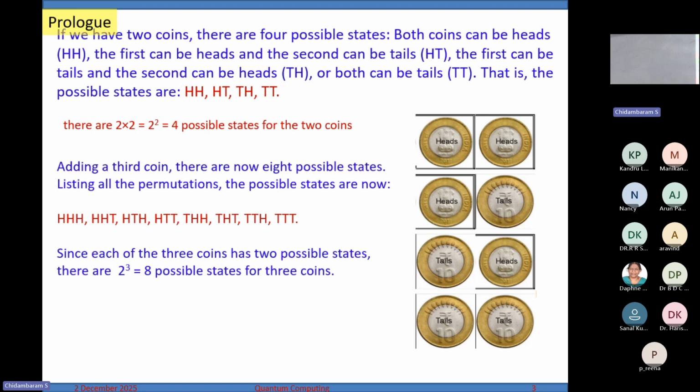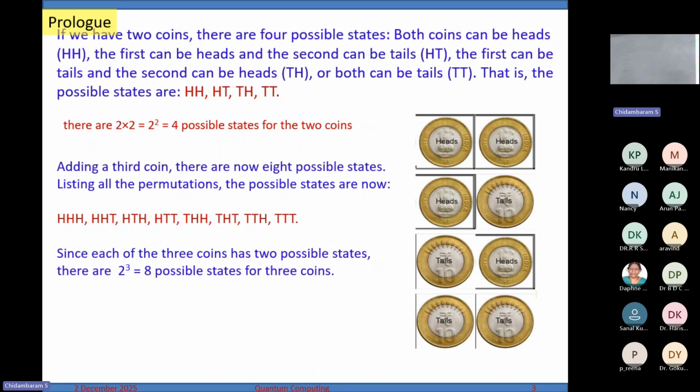Now what happens? We get 2 power 3, which is 8 possible states, right? So you have two states for every coin, and there are three coins, so 2 power 3, totally 8 possible states, starting from all heads to all tails.